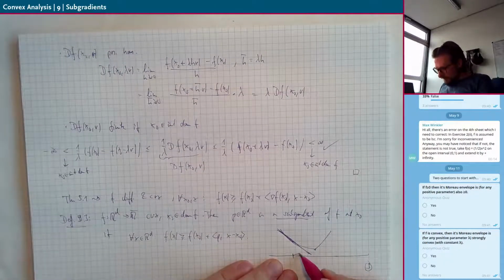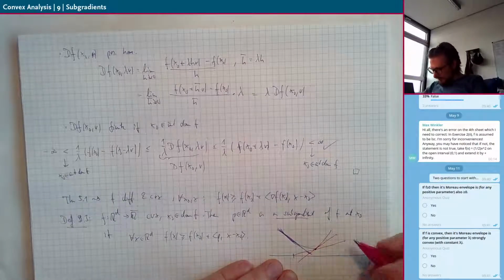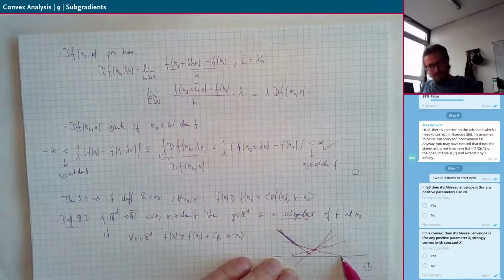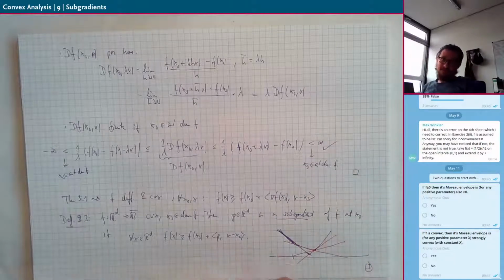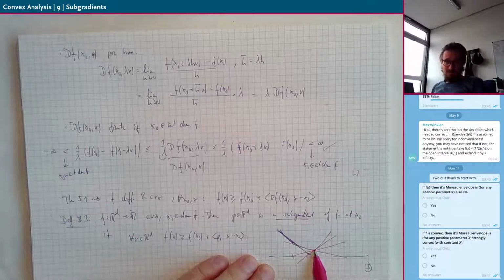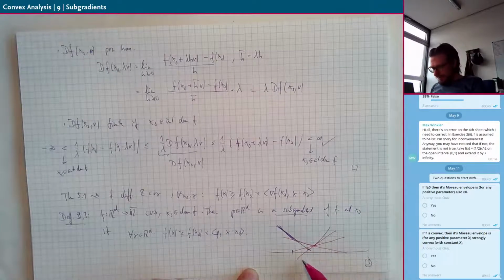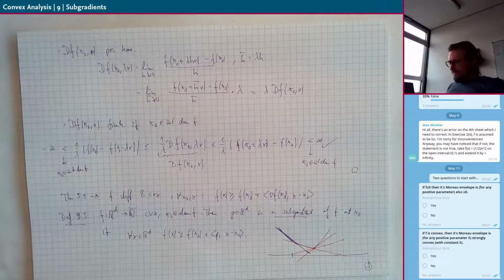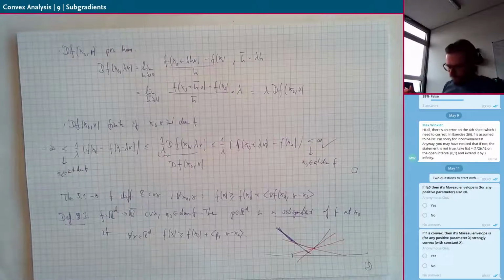This slope gives you a subgradient, that slope gives you a subgradient, and that slope gives you a subgradient. Actually all slopes between this negative slope and this slope give you a subgradient. In this case the set of subgradients at that point is in fact a closed interval, with the smallest number corresponding to that slope and the largest number to this one. By the way, I guess slope is the standard word for Steigung, the German word.